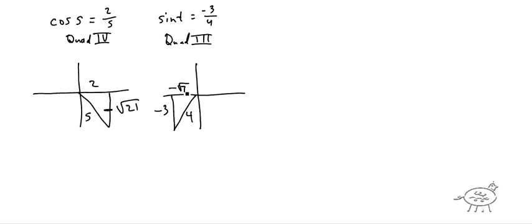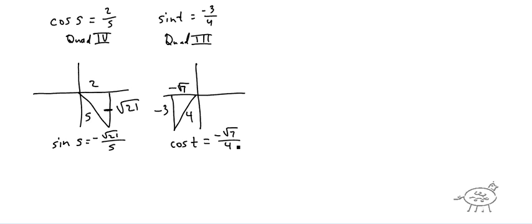Very, very important. All right, so basically I have cosine of s is 2/5, so I just need to figure out what sine of s is equal to, and that's just going to be y over r, so it's -√21 over 5, and I need to figure out cosine of t, which is going to be x over r, which is -√7 over 4.